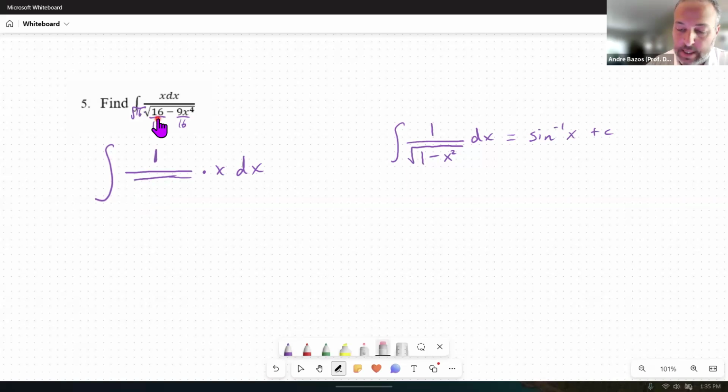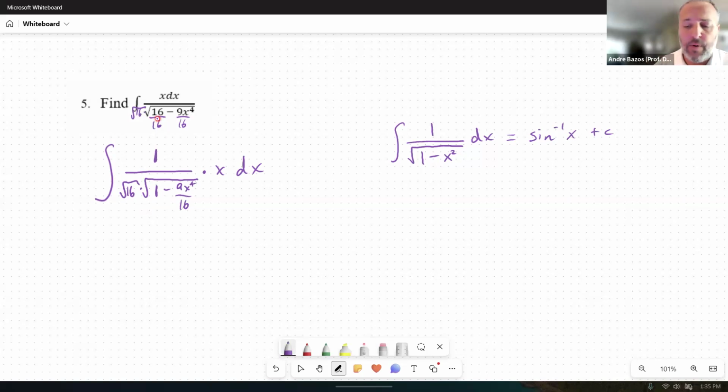That's going to go right there. Under here, I'm going to have 1 minus 9 x to the 4th all over 16. That is something squared.